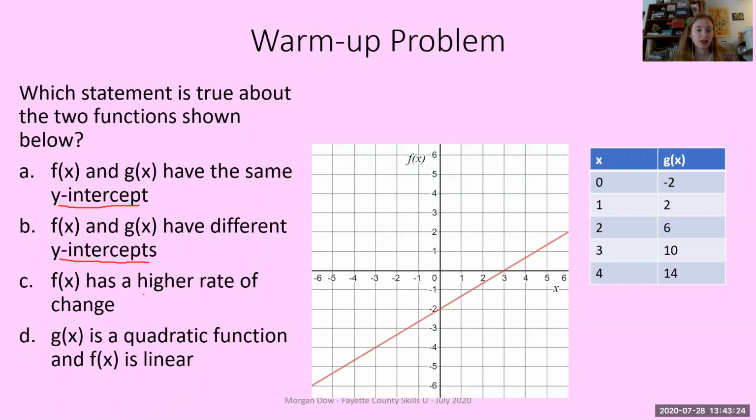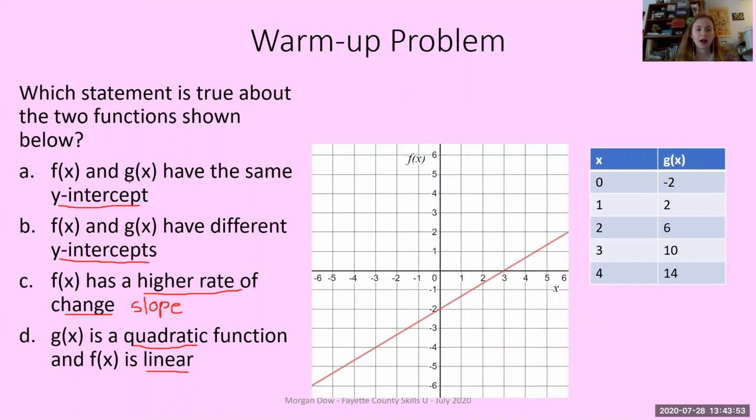Choice C is talking about f of x having a higher rate of change. And what's another name for rate of change that we talked about? It is slope. So that's about the slope of the functions. And then choice D is talking about quadratic functions versus linear functions. So again, that is something that we talked about in last week's lesson.